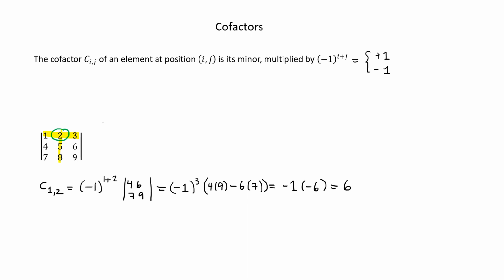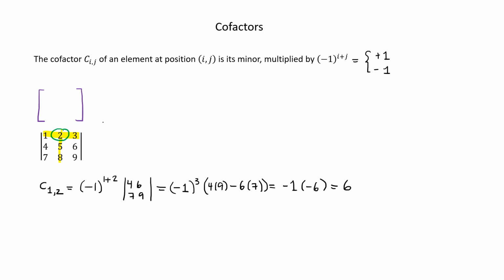Another way that we can remember what a cofactor is, the sign that we need to apply in front of it, is by thinking about building the signs ahead of time. So notice that these signs are just based on i and j.